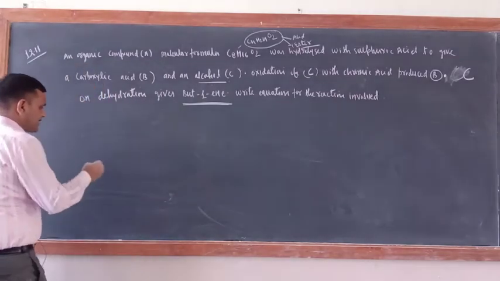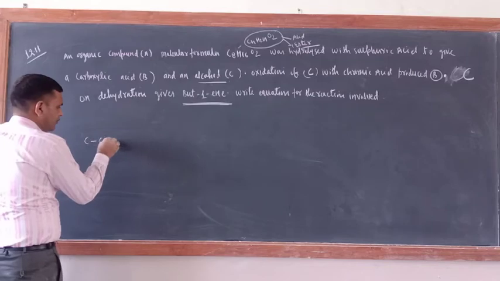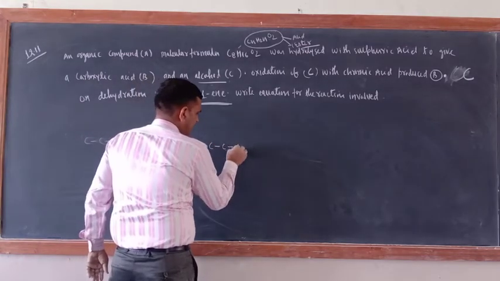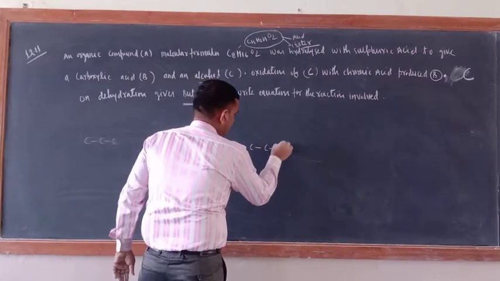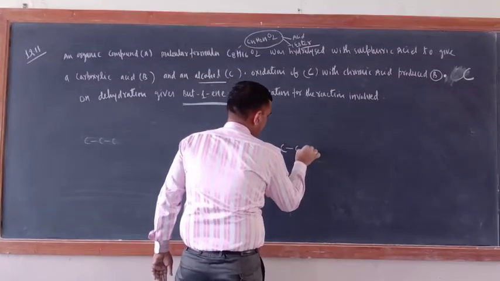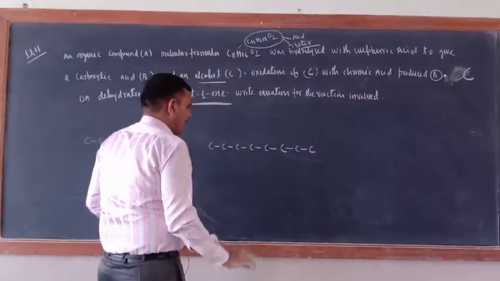So just see. First write the ester formula. 8 carbon atoms should be written: 1, 2, 3, 4, 5, 6, 7, 8. Correct?